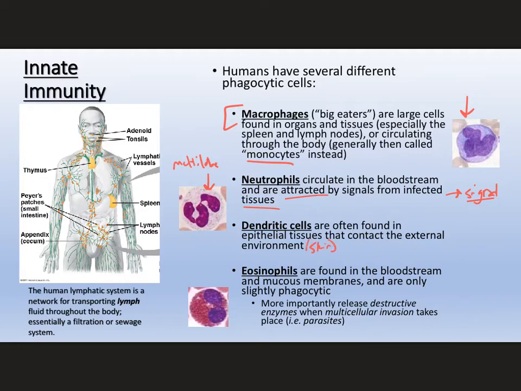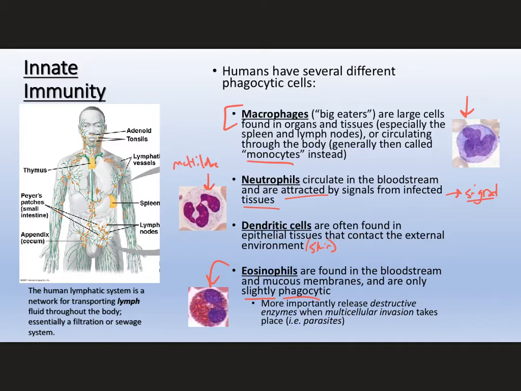And then you've got these things called eosinophils, which have these hourglass-looking nuclei, and they have these dark red granules all over. And eosinophils are found circulating through the body. They are slightly phagocytic, so they can engulf foreign invaders.